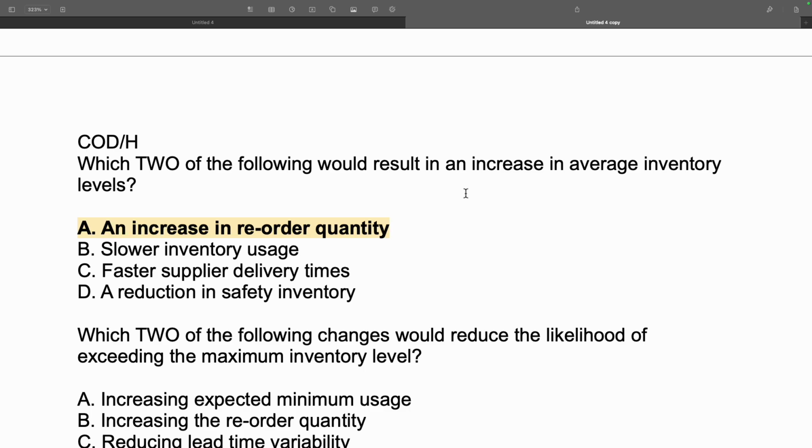And then the other is slower inventory usage. Okay, those two will result in an increase in average inventory level. So the average inventory will increase if your reorder quantity goes up or your inventory is being used more slowly.